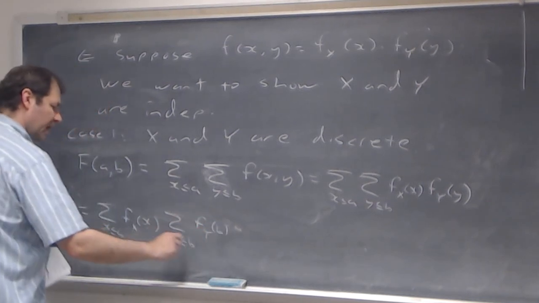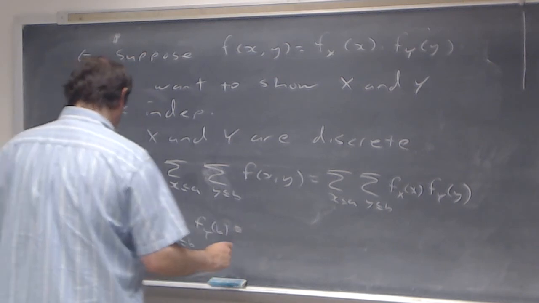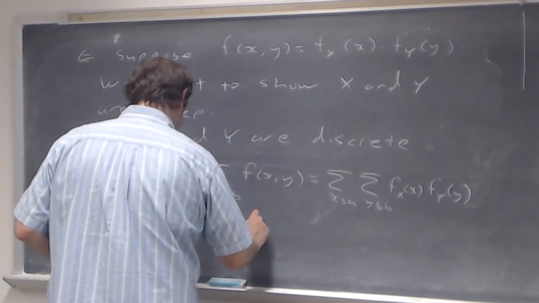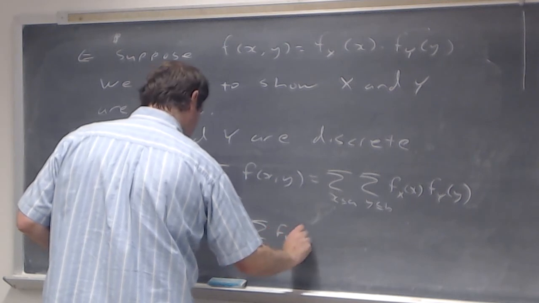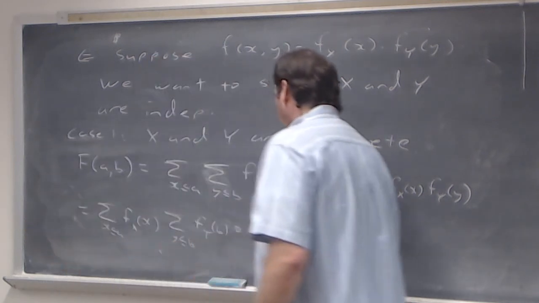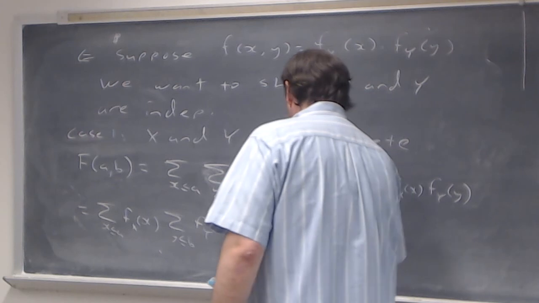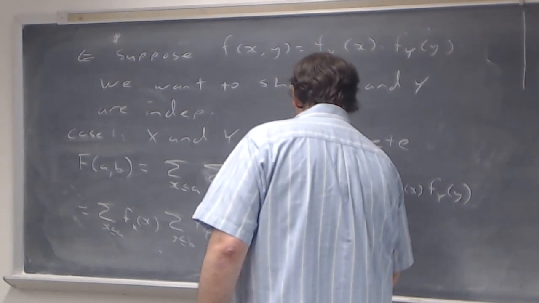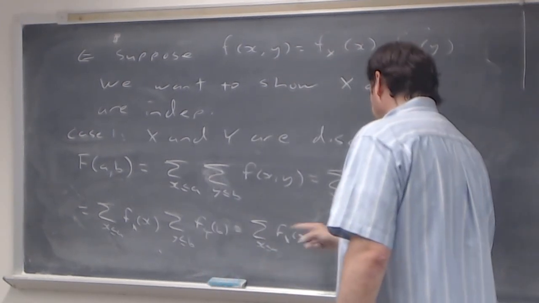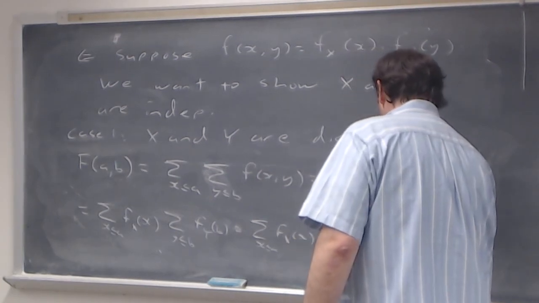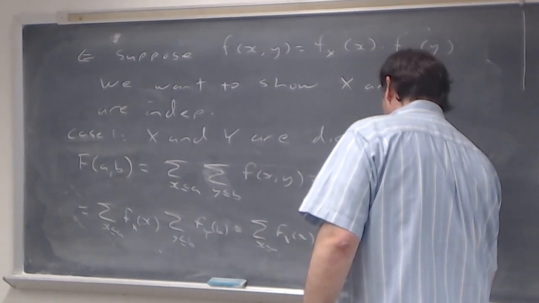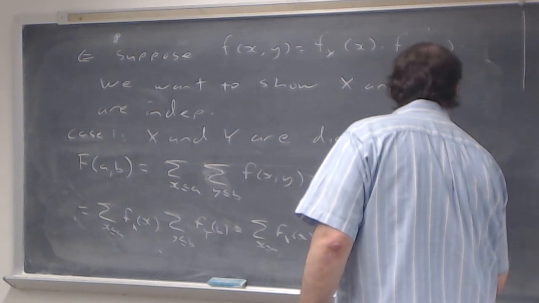And that's nothing more than, here this would be the sum over the x values. But this second sum is nothing more than F sub Y of b. Okay? It doesn't depend on a, you can take it out, so you just have this sum. And that sum is F sub X of a.